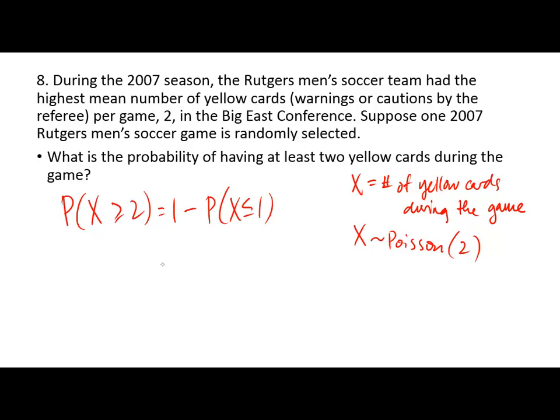So if you go to the table and go to the column where mu equals 2 and find the 1 row, this is 1 minus 0.406 or 0.594. Sorry I'm skipping over that step, but again, to get from here to here, I use the table.